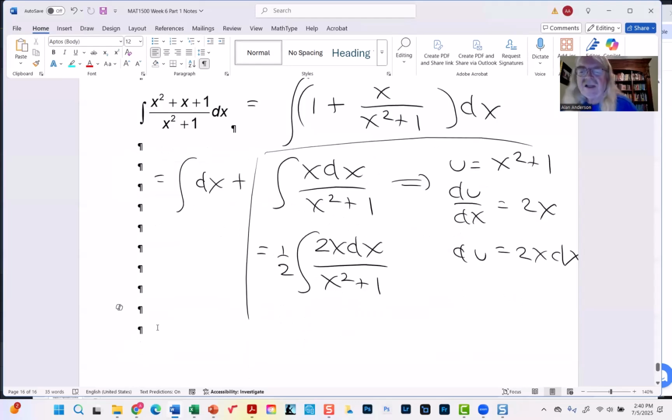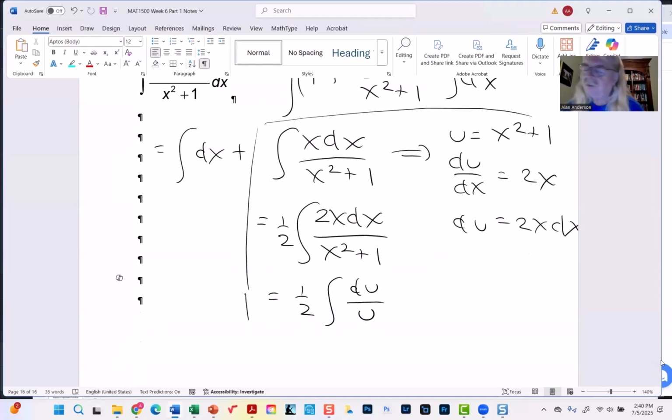And that means what we actually have here is 1/2 du over u. All right, well, we know what that means. That means what we actually have here is 1/2 log u plus c, and the u is x squared plus 1.